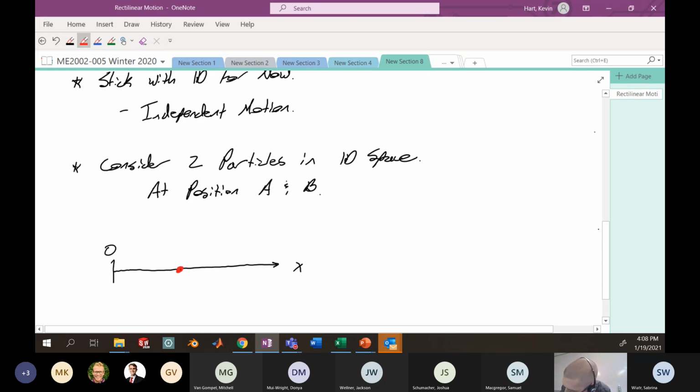We have some particle moving along this one-dimensional direction. That's particle A. And some particle over here, also arbitrary in space. Let's call that particle B.